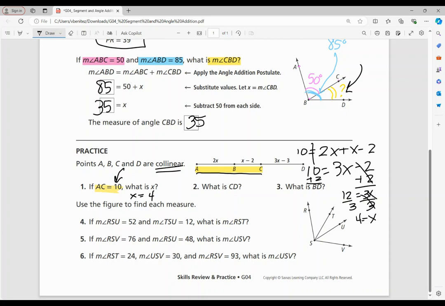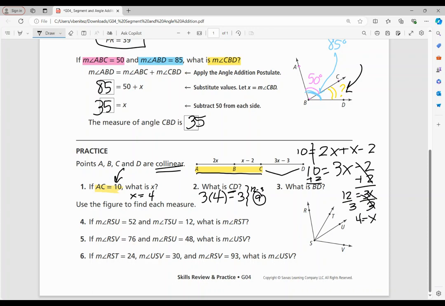And then to find the distance from C to D, this section right here, we know it's equal to 3x minus 3. So I'm going to have 3 times x, minus 3. We discovered that x is equal to 4. So this really becomes 3 times 4, which is 12, and 12 minus 3 is 9.